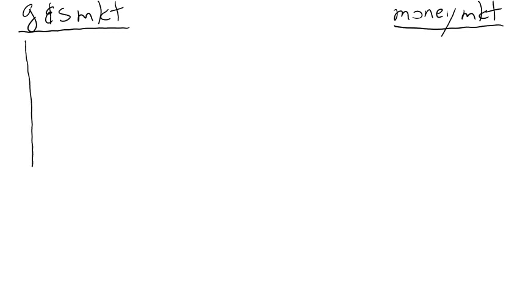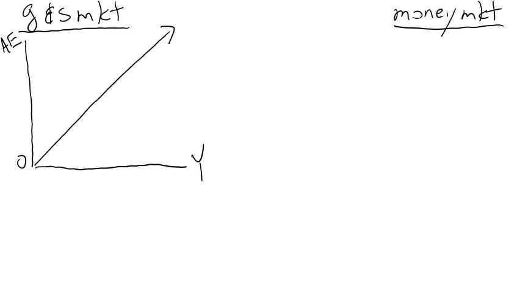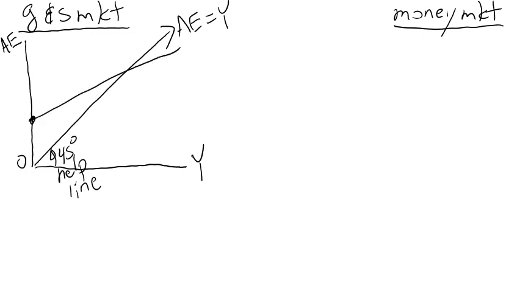So aggregate expenditures on the vertical axis, Y on the horizontal. The 45-degree helpline, aggregate expenditures are equal to Y. The origin of the aggregate expenditure curve, I'll come back to it.